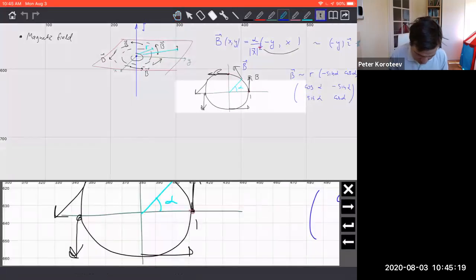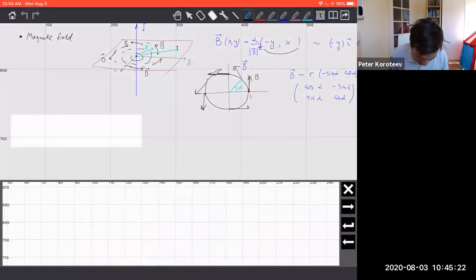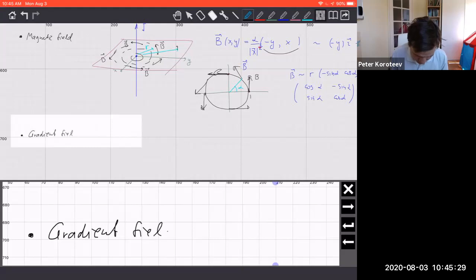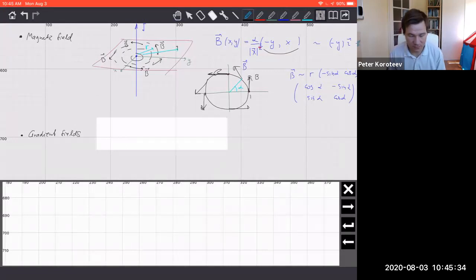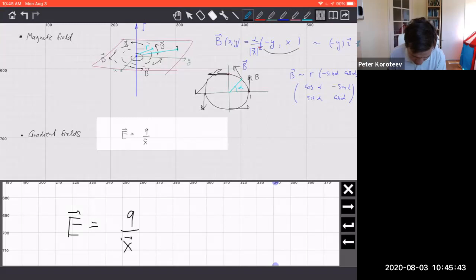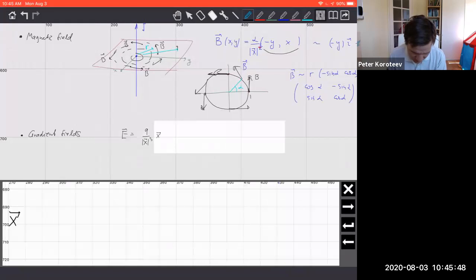Okay, so maybe we'll talk about one more example, which is the so-called gradient fields. One example of a gradient field already was the electric field, E equals Q divided by the absolute value of x cubed, times x. Now I claim that E is equal to the gradient of some function.